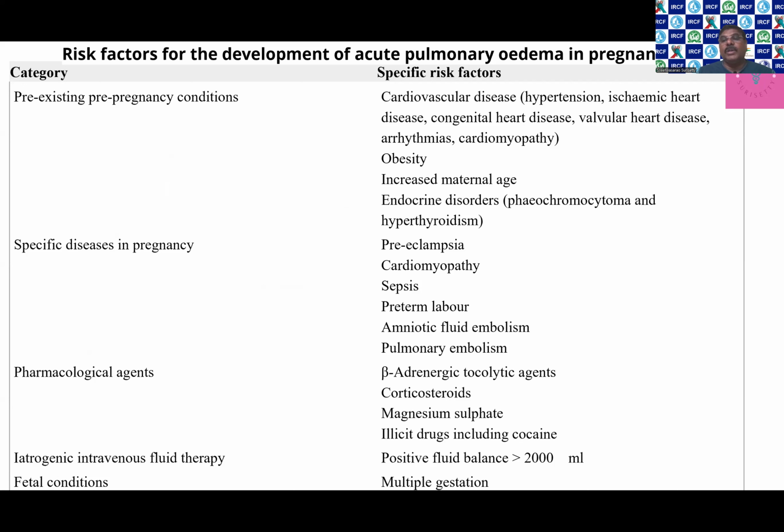Beta adrenergic tocolytic agents, used for uterine relaxation, some corticosteroids, and rapid infusion of magnesium sulfate; along with magnesium sulfate, intravenous fluids should be given very cautiously. Illicit drugs like cocaine cause hypertension. Iatrogenic intravenous fluid therapy, a positive fluid balance of more than 2000 ml, and fetal conditions like multiple gestation also make the pregnant patient prone to acute pulmonary edema.